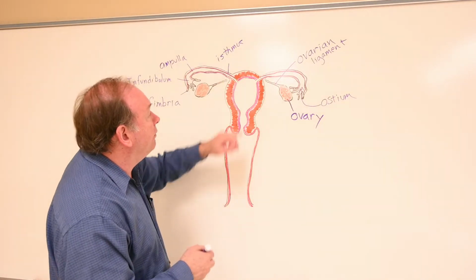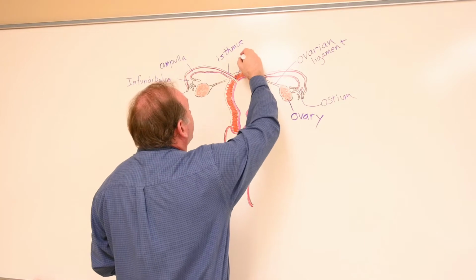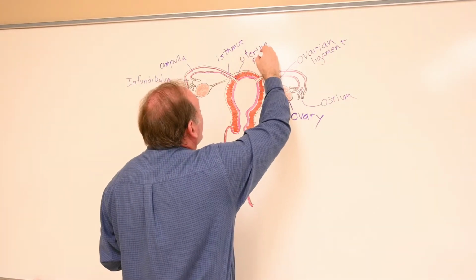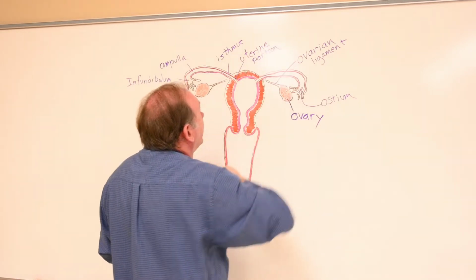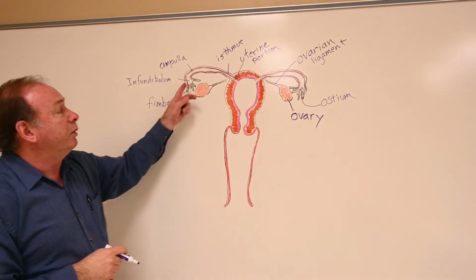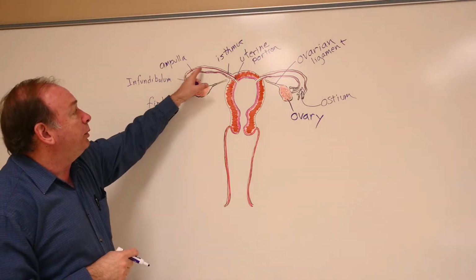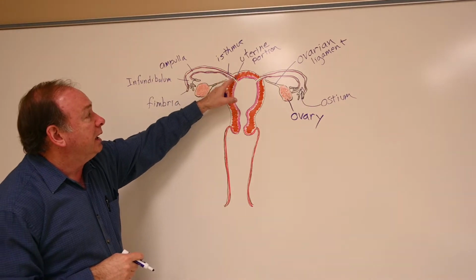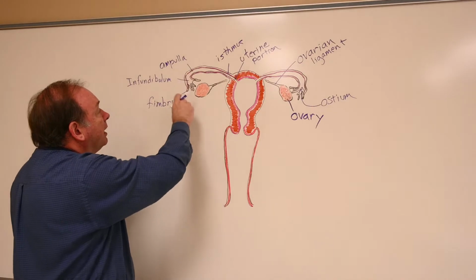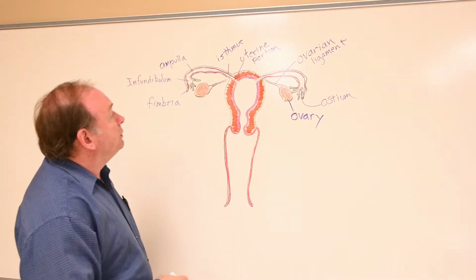And then as the oviduct travels through the uterine wall right here, we call that simply the uterine portion of the oviduct. So those are the four parts, or segments, of the oviduct: infundibulum, ampulla, then the isthmus, and then the uterine portion. Fimbria are the finger-like projections. Ostium is the name given to the opening into that space.